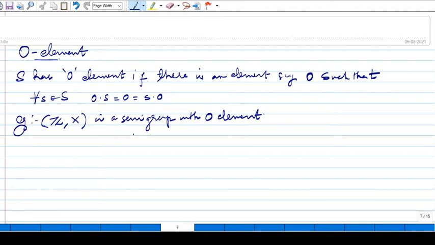So what about a non-example? Again, you can look at some more examples that are coming. This is a semigroup with a 0 element.